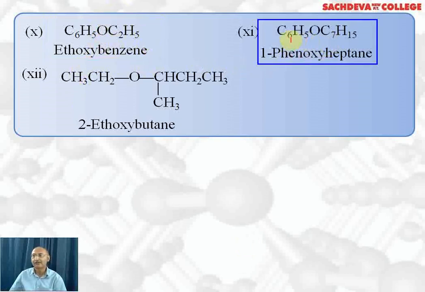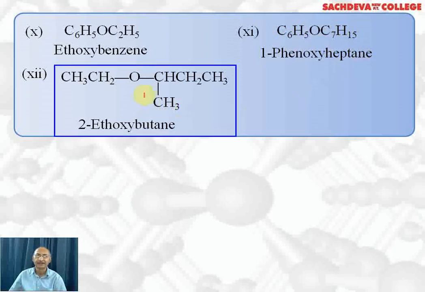Here in this compound the phenyl group has 6 carbon atoms, heptane has 7 carbon atoms, so phenoxy will become the substituent. It is 1-phenoxyheptane. The one which has more carbon atoms will become the parent. Here we have an ethoxy group attached to the second carbon. 1, 2, 3, 4. 2-ethoxybutane is the IUPAC name.